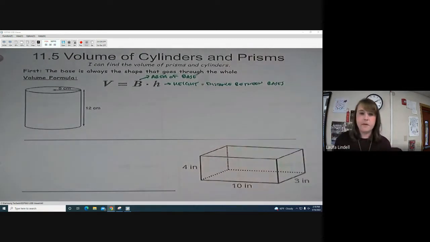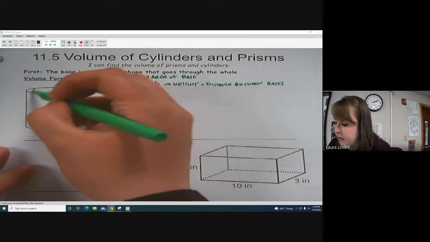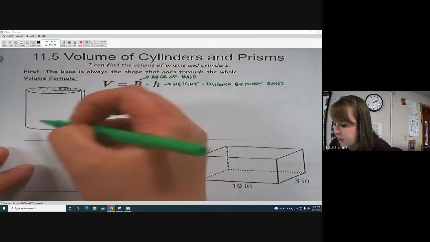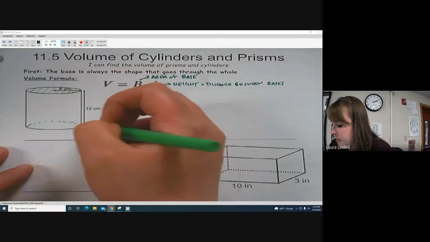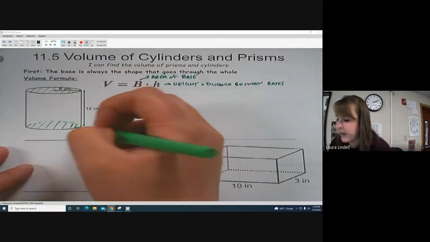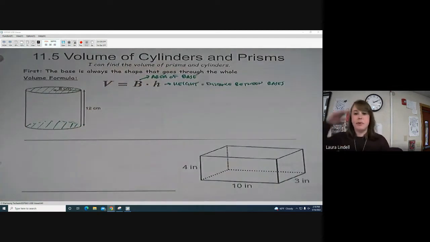Looking at this first one, for example, the cylinder, the base is the circle face. If you can imagine, the bottom is also a circular face. So that distance between the top and the bottom, or the distance between those bases, is considered our height.